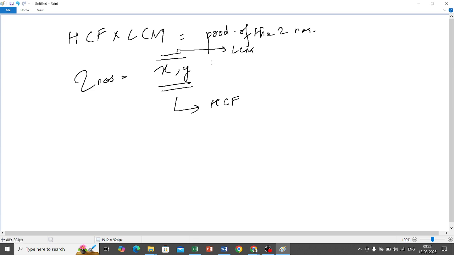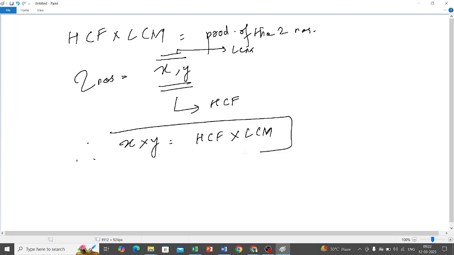I am just naming them. So HCF into LCM is what? x into y is what? HCF into LCM. Right, this is the formula. Product of two numbers is HCF into LCM.